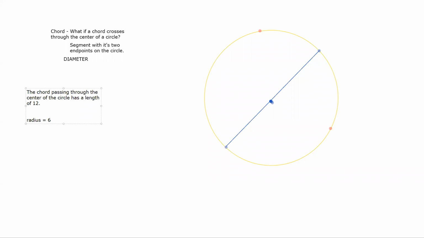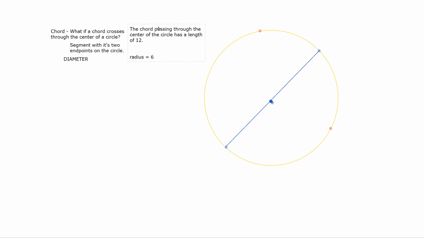In addition to a chord, we have a couple of other terms that we want to learn. A secant and tangent. So the secant of a circle is a line, not a segment, a line, which intersects a circle in 2 points.